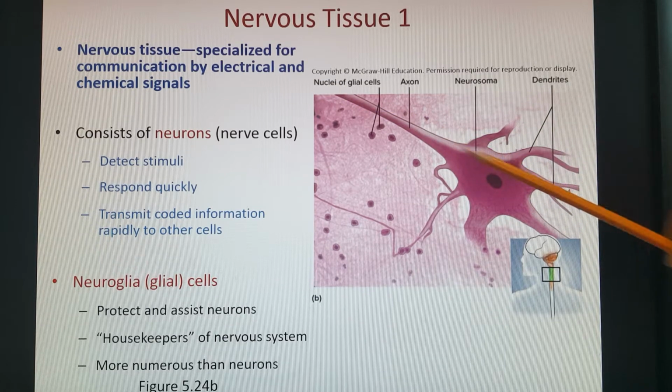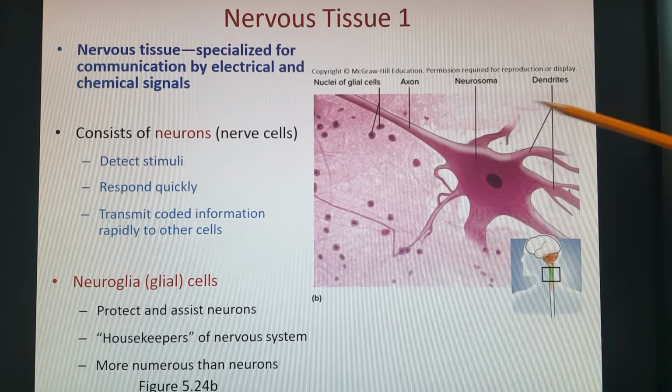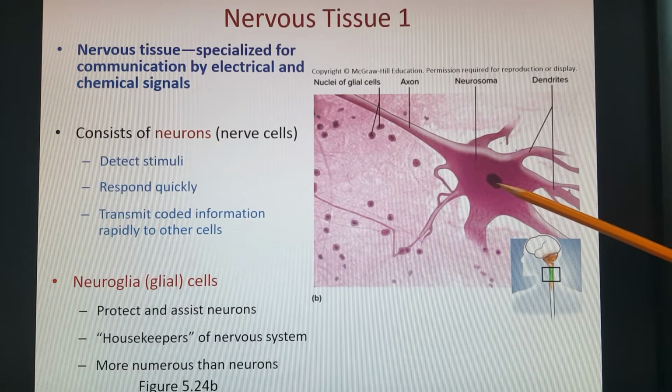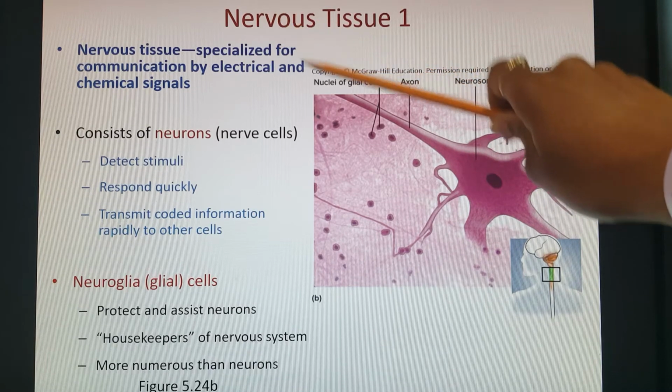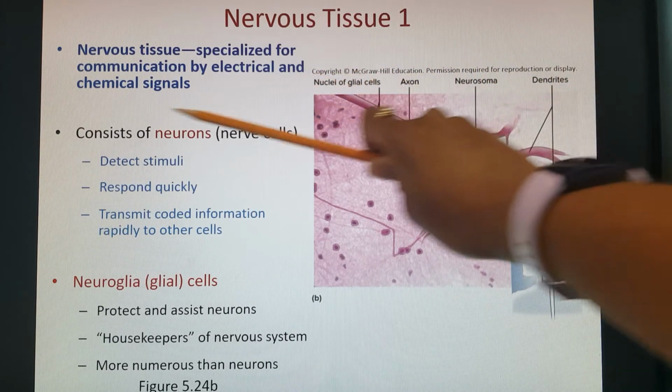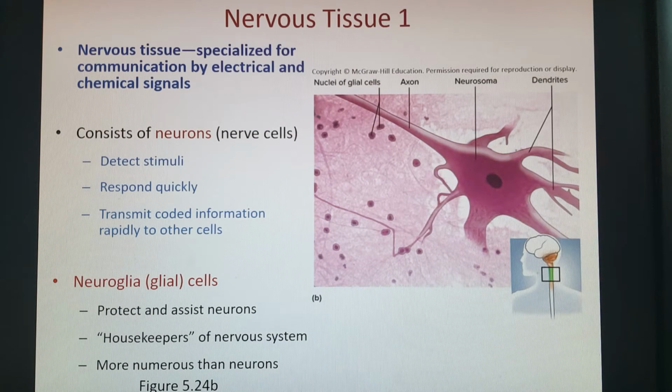So all of this is electrical. We get a chemical signal from the first cell, electrical one sent through our nerve cell or our neuron. And then at the end, it transforms to a chemical signal so that it can signal the next cell.